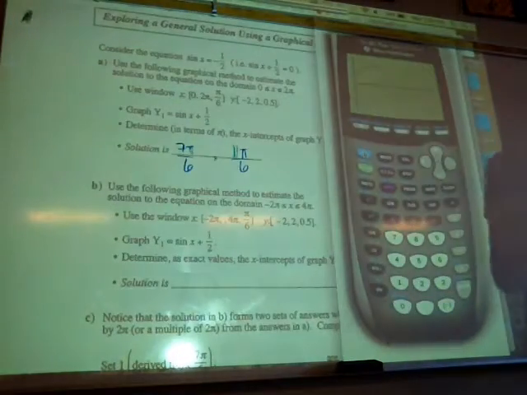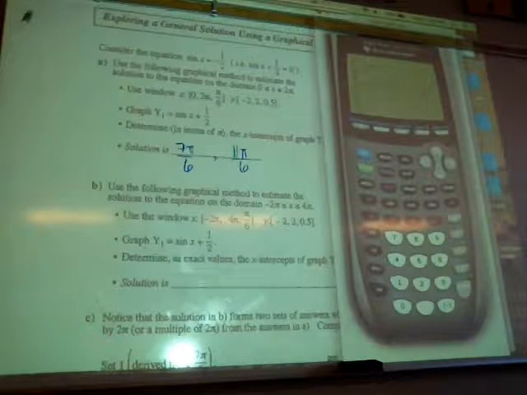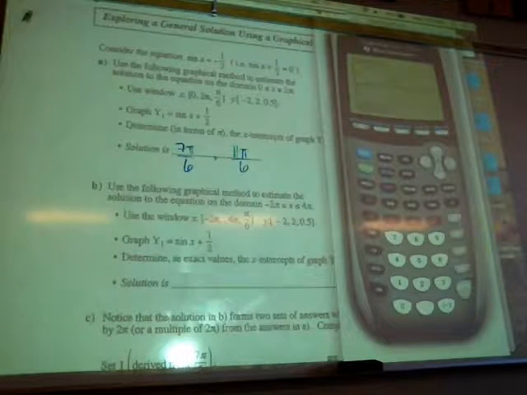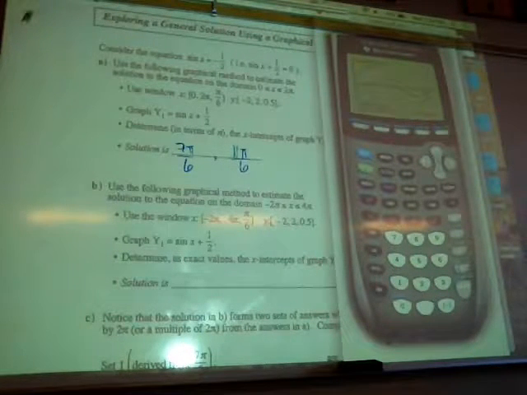Does anyone want me to walk you through that visually? Okay. So second trace, number 2. Now I'm going to find the far right x-intercept. That's left bound, press enter. And I go right bound, press enter again.